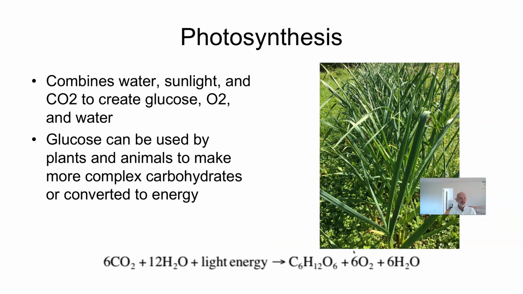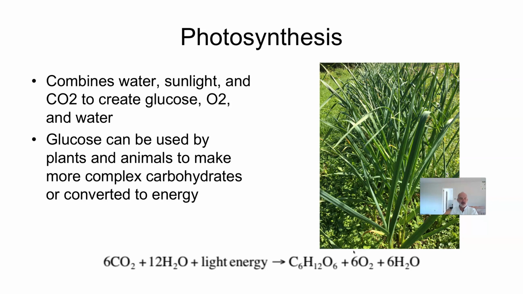Okay, so photosynthesis. Let's think about this for a second. Everybody knows this a little bit. The process combines water, sunlight, and carbon dioxide to create glucose, which is a simple sugar, oxygen, and water. The formula is at the bottom, but I don't want you to focus too much on it.